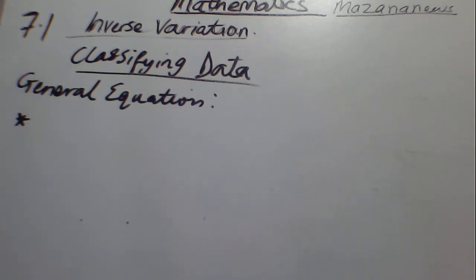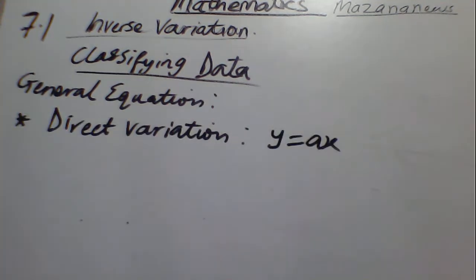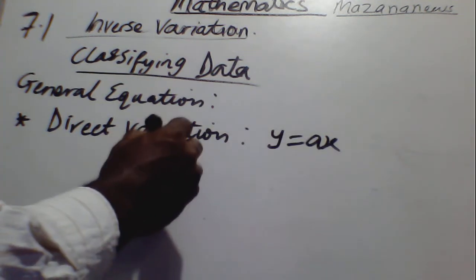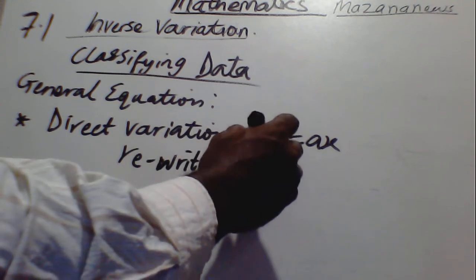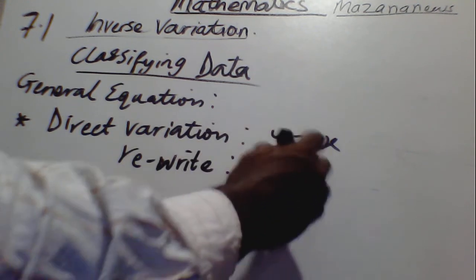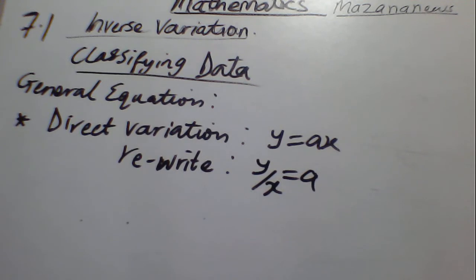So for example, I hope I'm not very fast. Direct variation, we've already known that direct variation is of this type, y equals to ax, and we can write it as what? y over x equals to a, by dividing both sides of the equation by x.